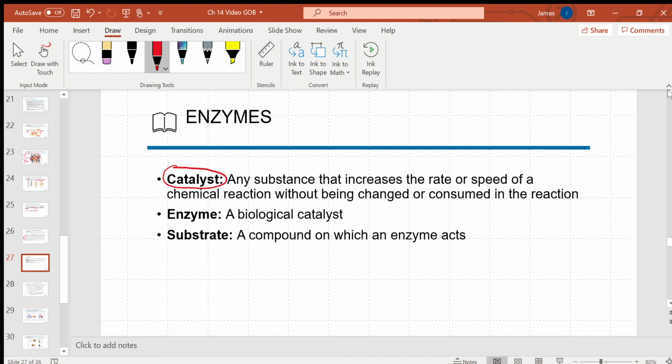And what does a catalyst do? An enzyme or a catalyst lowers the activation energy of a chemical reaction.